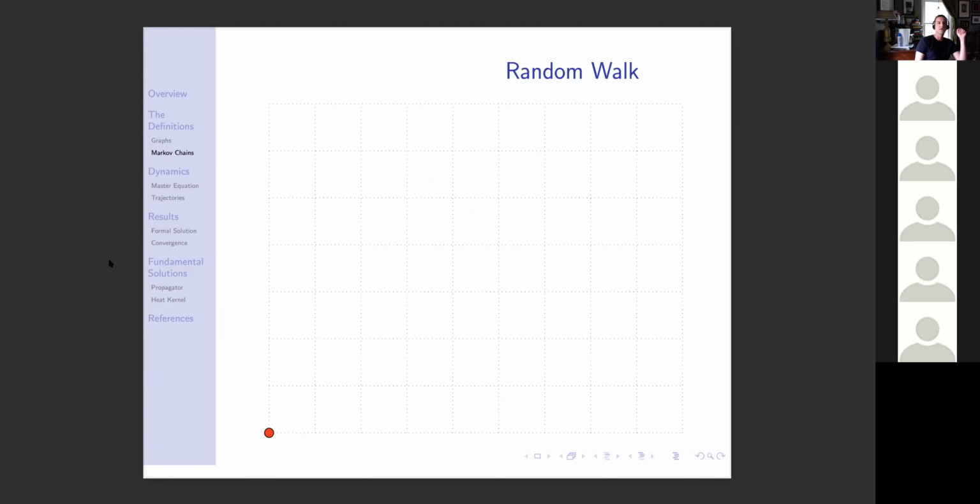Okay, so we now get to the definition of what we mean by a Markov chain. A Markov chain is like a very general sort of random walk. I'm going to be talking about continuous time Markov chains, but what's a random walk?